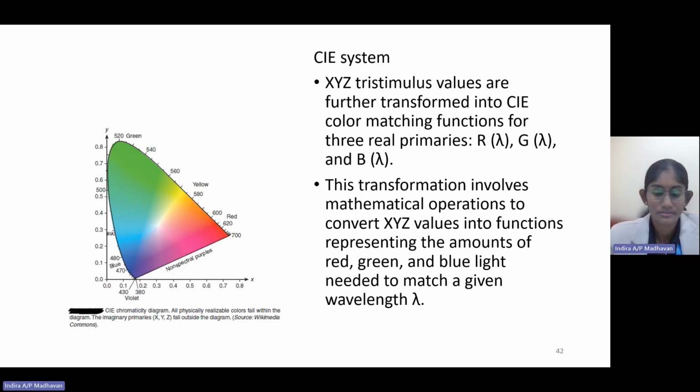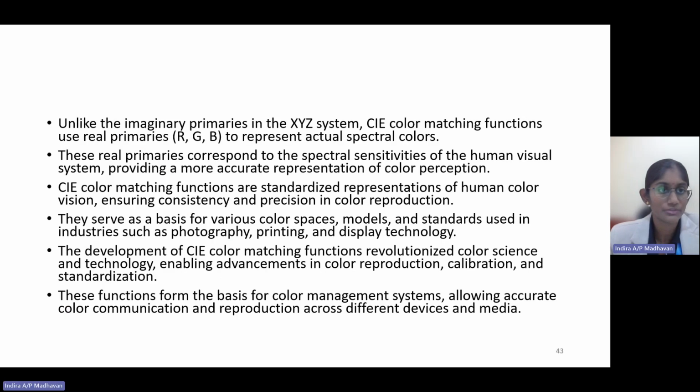So now, move to the next slide. Unlike the imaginary primaries in the XYZ system, CIE color matching functions use real primaries to represent actual spectral colors. These real primaries correspond to spectral sensitivities of the human visual system, providing a more accurate representation of color perception.